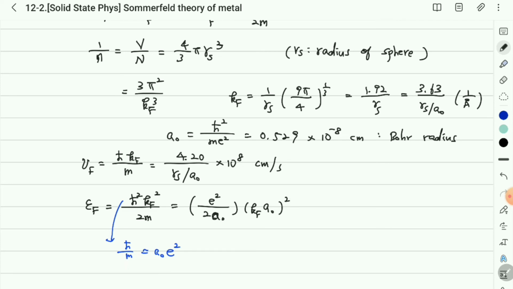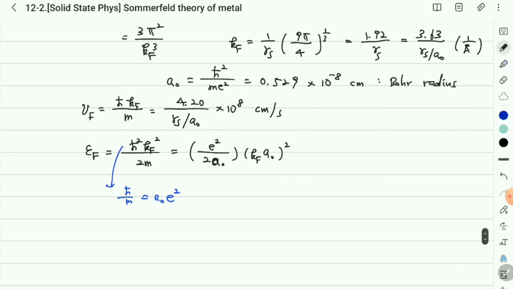In metallic elements, the Fermi energy is about 1.5 to 15 electron volt.